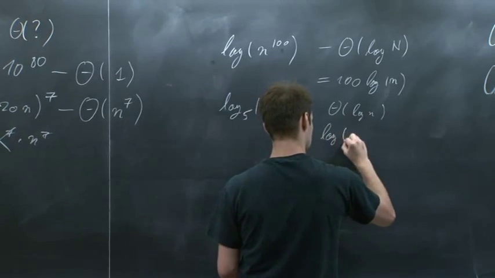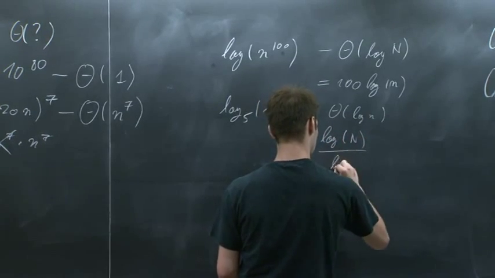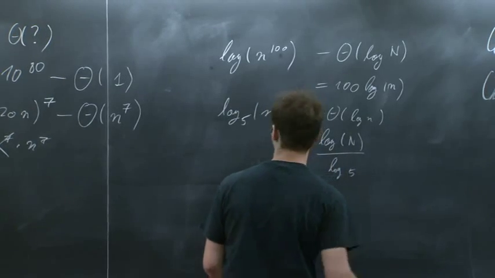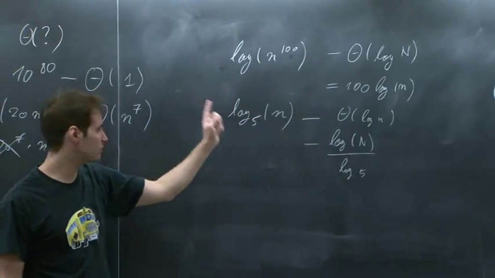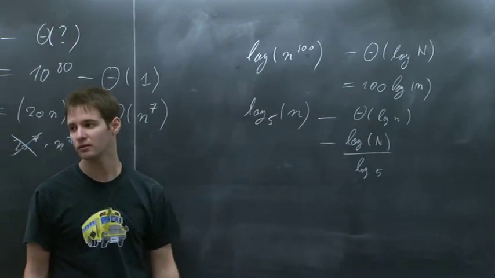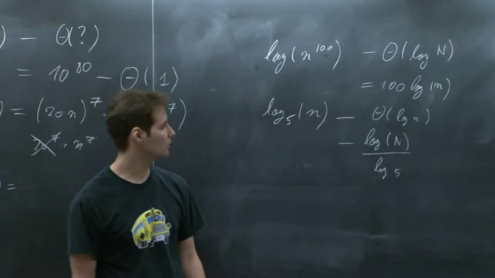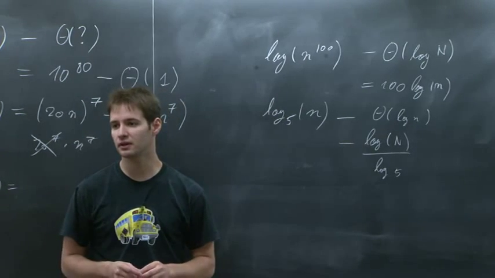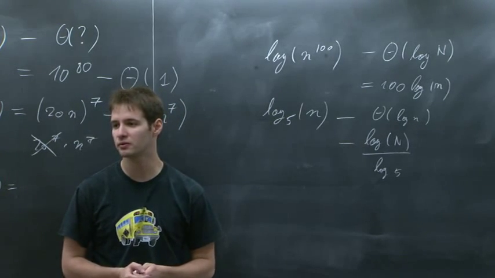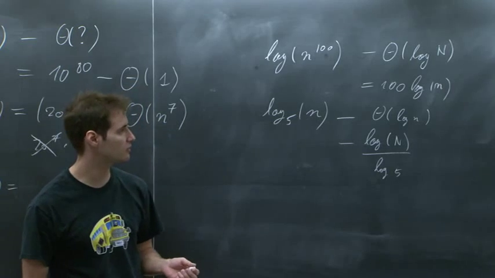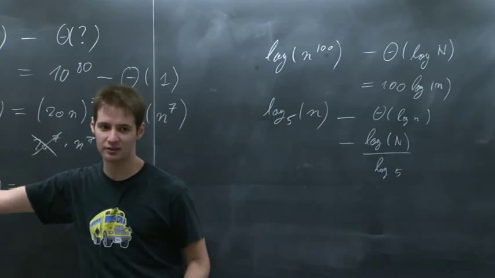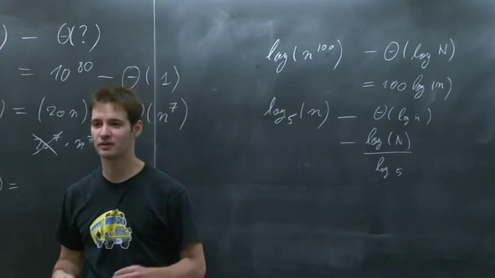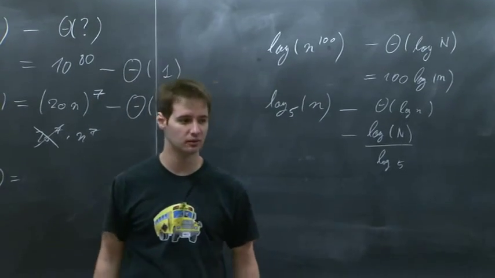Excellent. Log n over log 5. So exponents inside the logs turn into constant factors, bases turn into constant factors. So if you have an ugly expression inside the logarithm, you can most of the time simplify it to something really nice. And this contributes to the fact that these are the only functions that you will see when the answer is cleaned up in asymptotic notation.